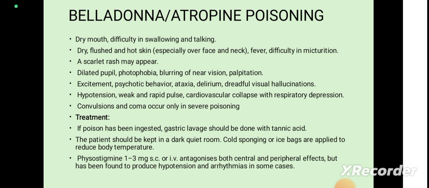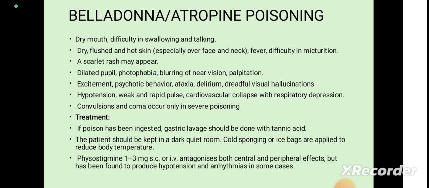A scarlet rash may appear, dilated pupil, photophobia, blurring of near vision, palpitation, excitement, psychotic behavior, ataxia, delirium, dreadful visual hallucination, hypotension, weak and rapid pulse, cardiovascular collapse with respiratory depression, convulsions. Coma occurs only in severe poisoning.